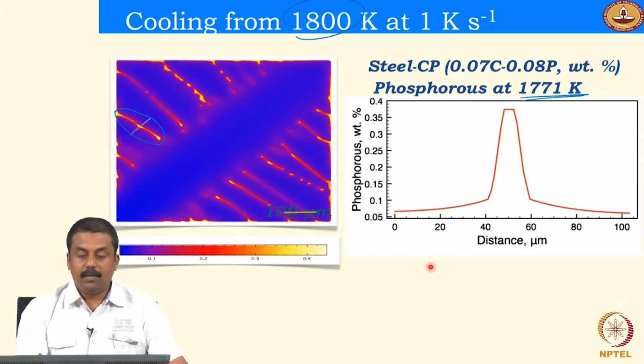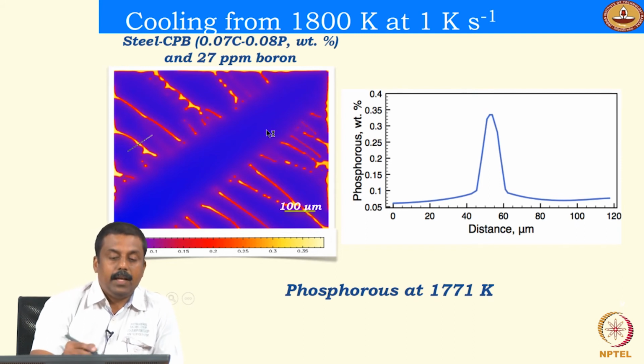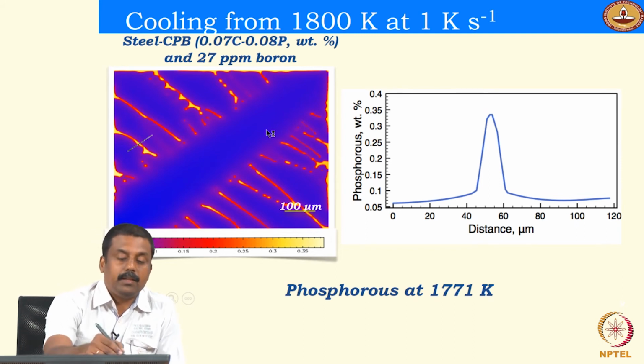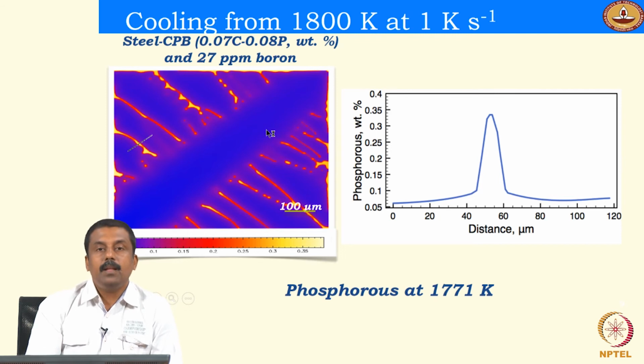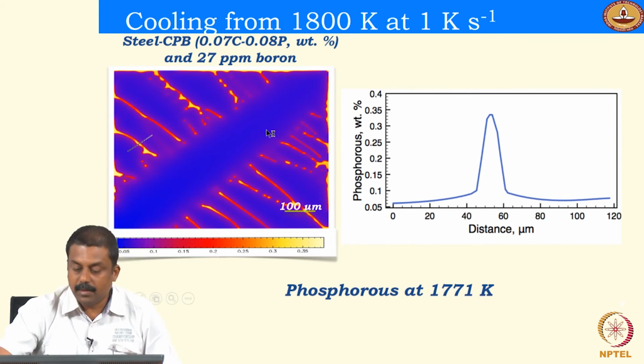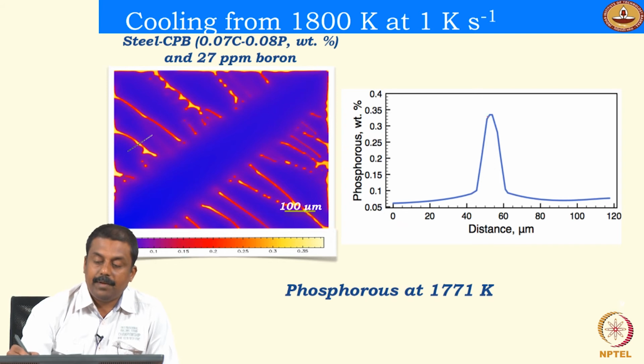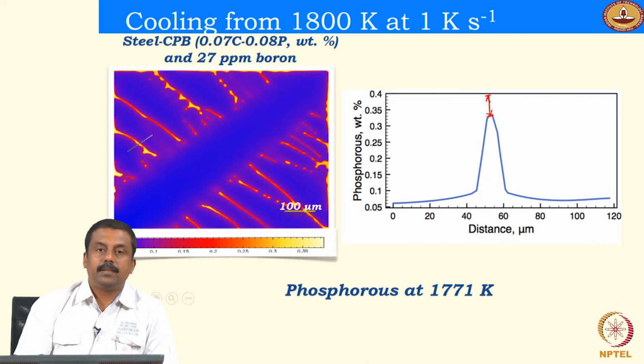So now what happens if you look at the steel with 30 ppm of boron? So what does boron do? This is steel CPB, where we have 30 ppm of boron. So what happens with the presence of the boron, and you already see that the amount of phosphorus at the dendritic boundaries decreases some amount.